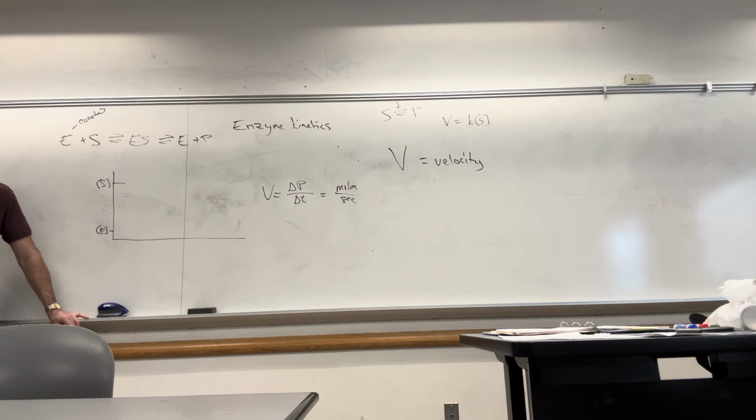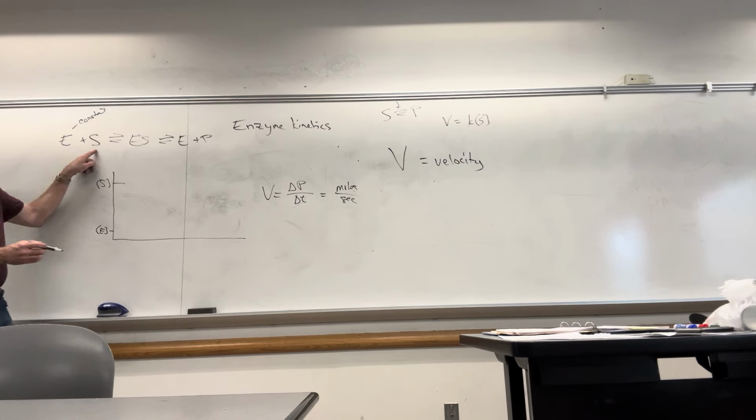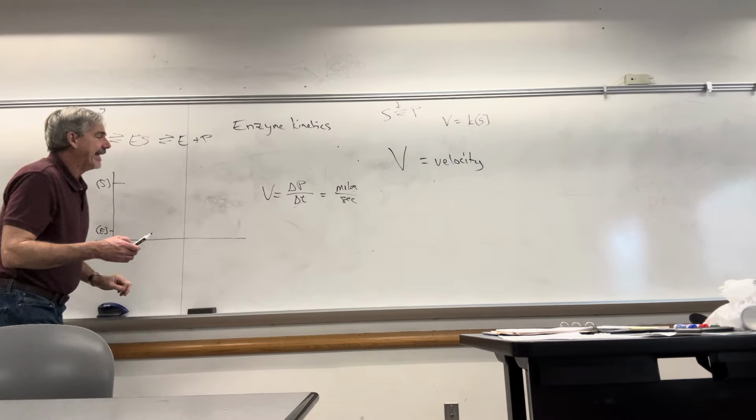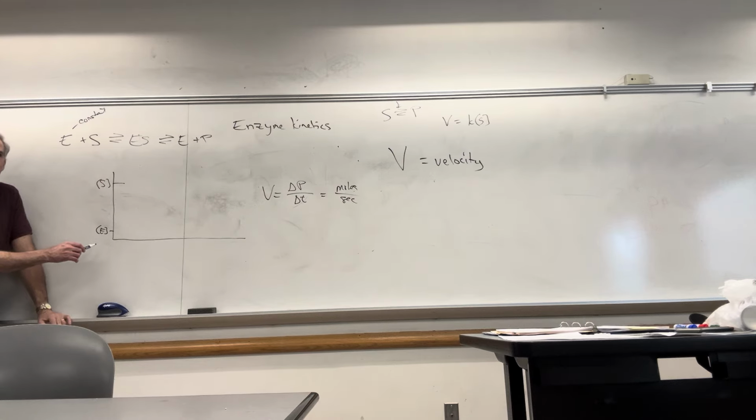What happens when we put them together is enzyme molecules are going to bump into substrate molecules and form enzyme substrate complex molecules. If I've got a lot more substrate than enzyme, I can turn all, or almost all, of my enzyme into enzyme substrate. So imagine I have 10 enzyme molecules and 200 substrate molecules.